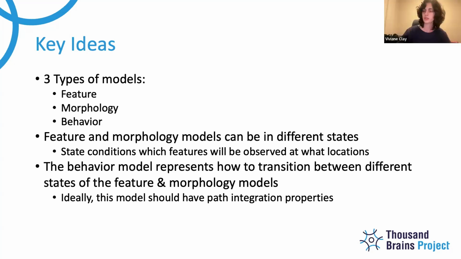Yeah, the reason I'm saying I'm not sure about this is because I was having a very hard time coming up with an example of a behavior where you would have never observed a certain transition, because it seems like there's only a limited number of behaviors, and we usually have a lot of exposure to them. Even the joystick example, if we can't find a mechanism that can do this with path integration properties, you could theoretically learn a detailed transition model of every possible transition of the joystick.